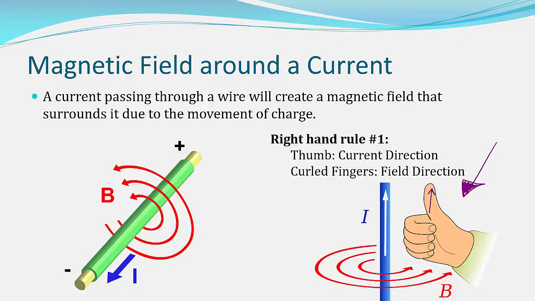If we were to place a compass here, that compass would therefore point in this direction, in the direction of that field line. And if we were to make the current go in the opposite direction, then as you'd expect, the magnetic field lines will reverse. We'll do plenty of examples of this later on.